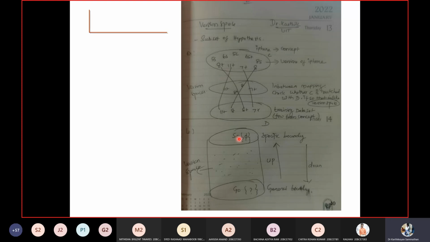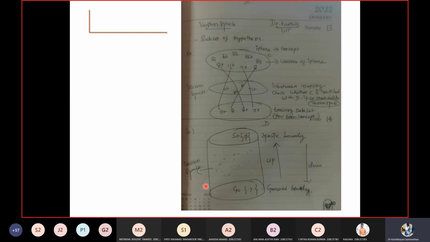Whenever the hypothesis goes from specific to general or general to specific, up and down, there will be in-between hypotheses, maybe in-between training data. Such training examples are called the version space.